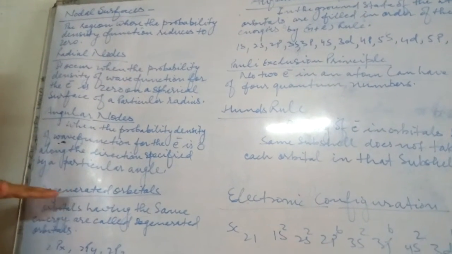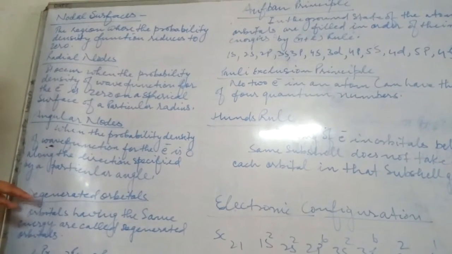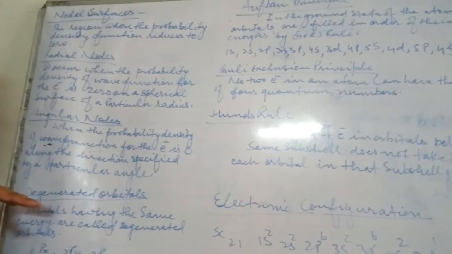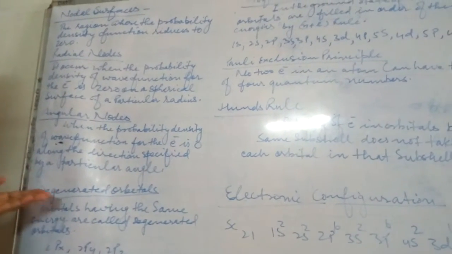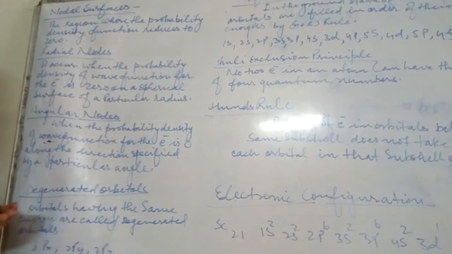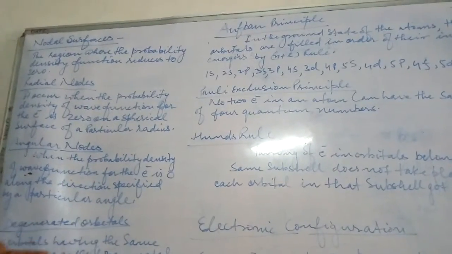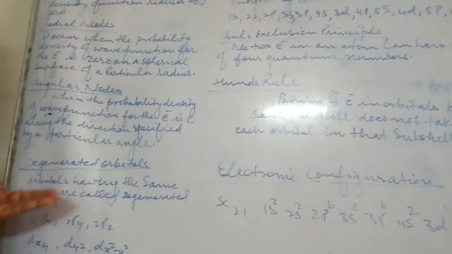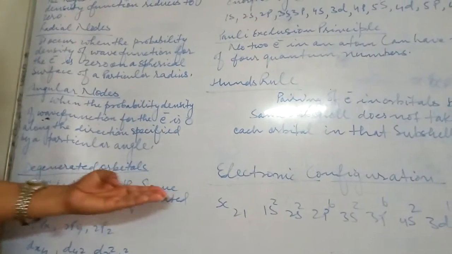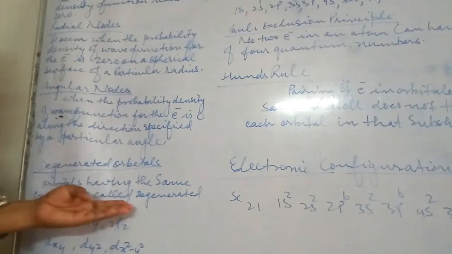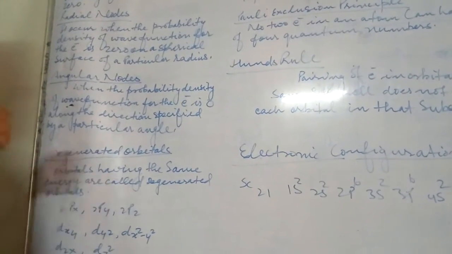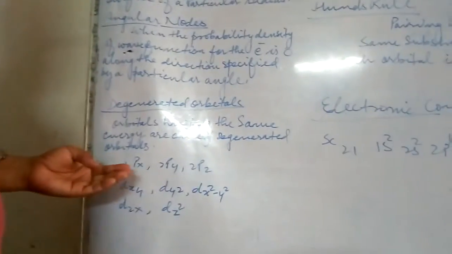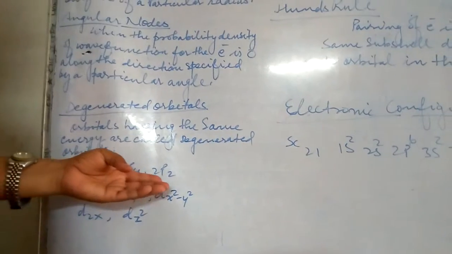Now after this, an important topic that is sometimes asked in your board examination in very short answer type questions: degenerate orbitals. Orbitals having the same energy are called degenerate orbitals. Suppose in the p subshell there are three equal energy orbitals, 2px, 2py, 2pz.